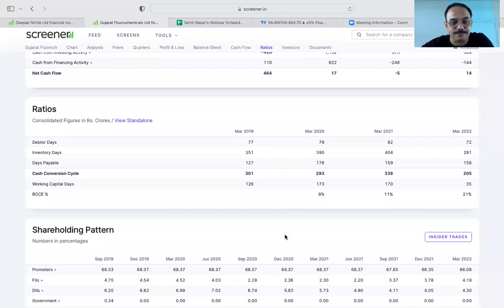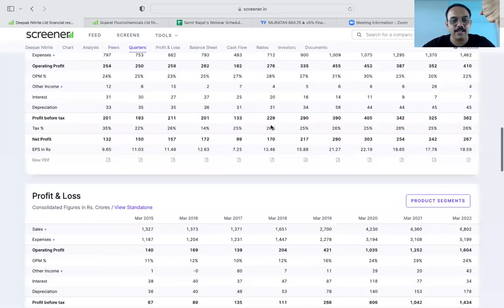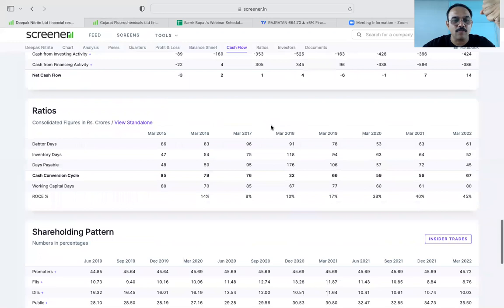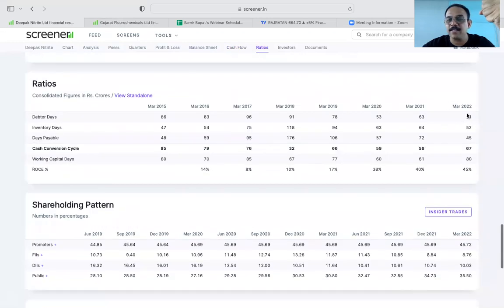I'll share the link. See, Gujarat Fluorochemicals debtor days, that means it receives the payment from the customer in 72 days. Deepak Nitrite, if you see here, let's go down to the debtor days, it receives the payment in 61 days. Who is able to collect money faster from the customer?